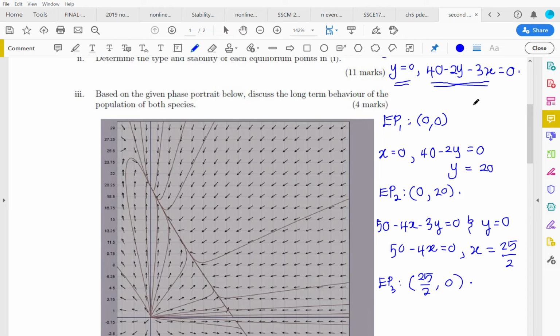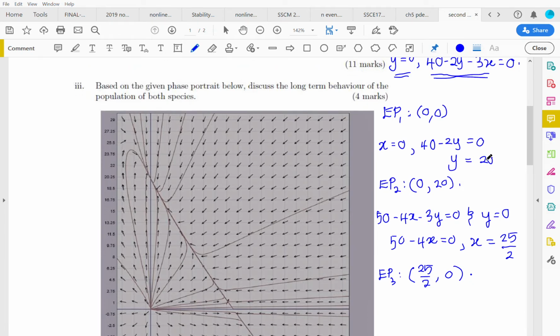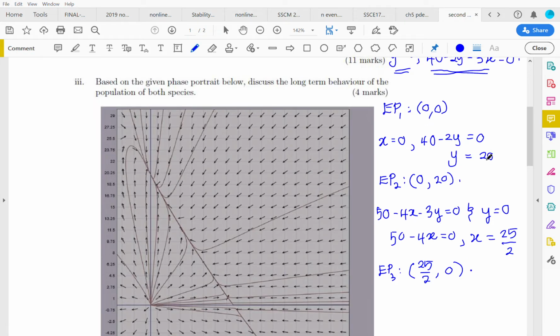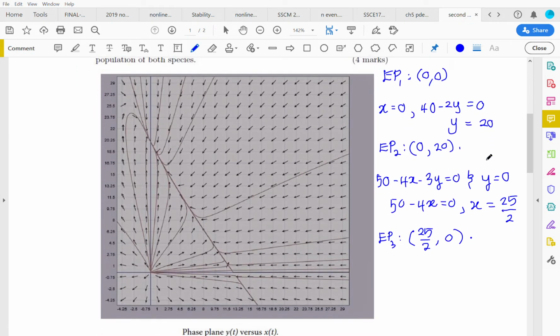And then we can pair the expression from the first equation with the expression from the second equation to get the fourth equilibrium point.